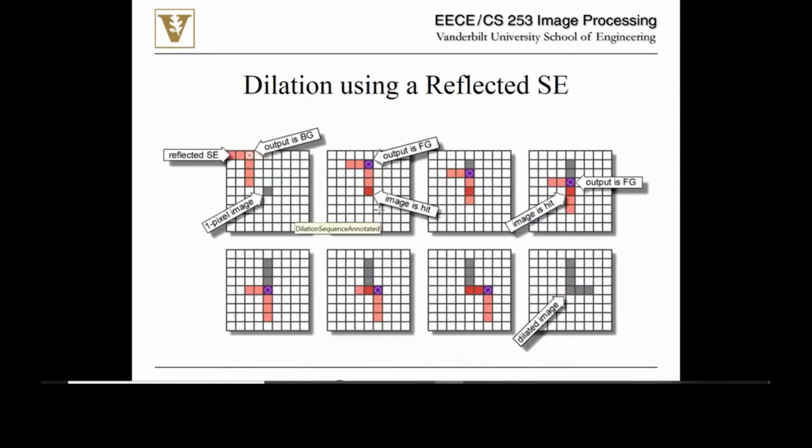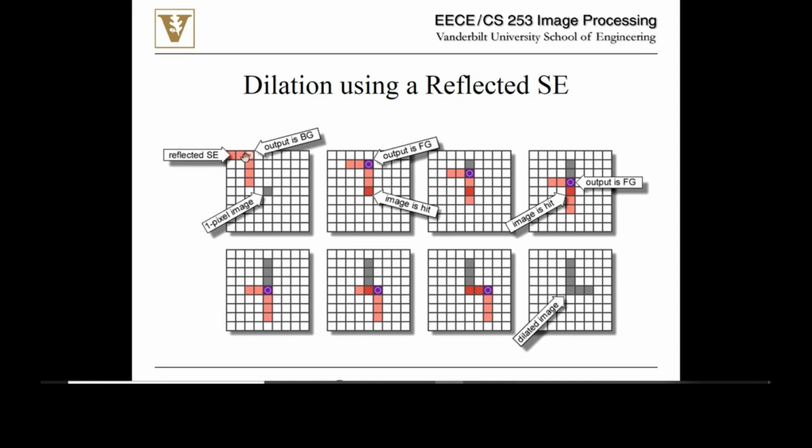Yeah, here we have that. Okay, so for instance, let's say that we have this image here. This is the reflected structuring element. So we will go for all the pixels in the input image, such that when I place my reflected structuring element there, and I compute the intersection of this reflected element with the foreground pixels, the intersection is different from the empty set.